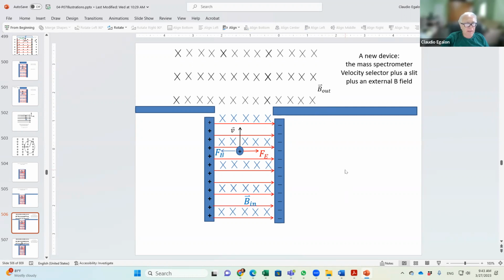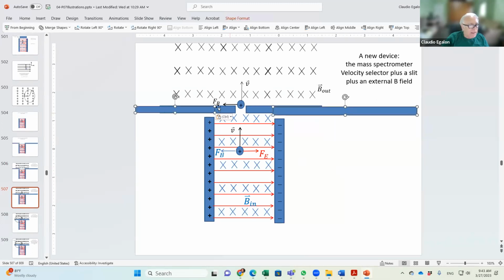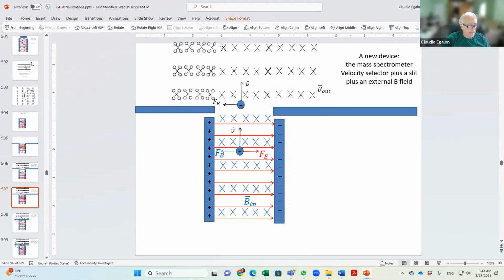So how does the mass spectrometer work? First, you put together a velocity selector. A particle moves with constant velocity through this volume of the velocity selector. And when it gets out of the velocity selector, the only force this particle is subjected to is the magnetic force, nothing else, because there is no uniform electric field there.